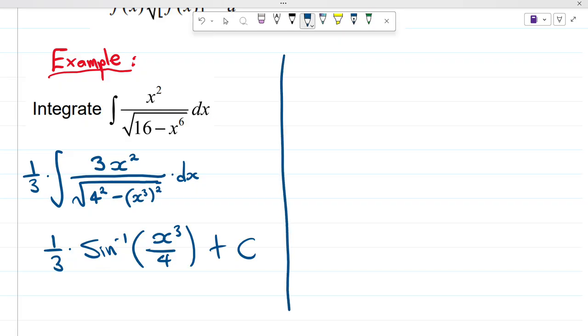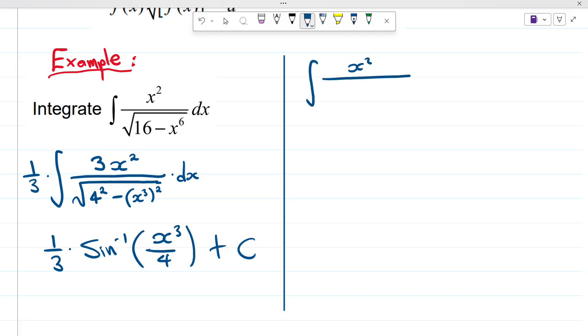One of you could have said, I want to use this method, so let me show you. One of you could have said, I want to work with a being 1. You understand? I'm comfortable with a being equivalent to 1. So we're gonna take 16 as a common factor there.